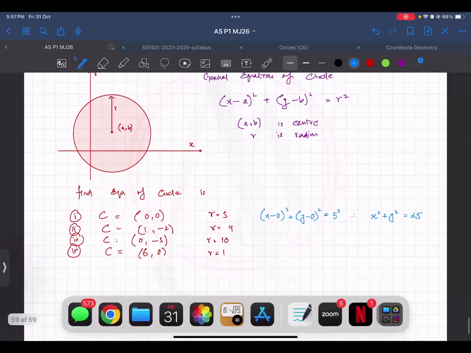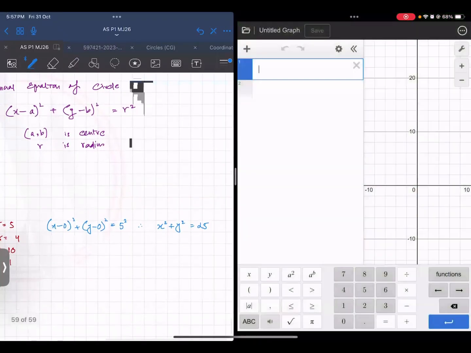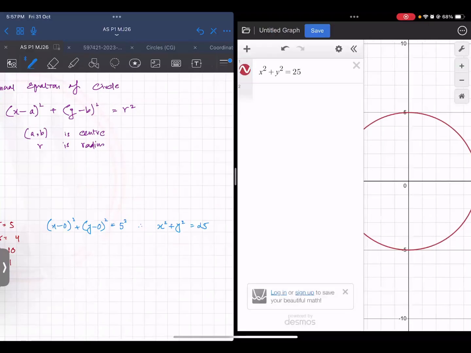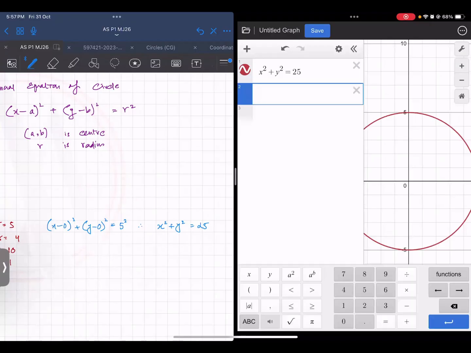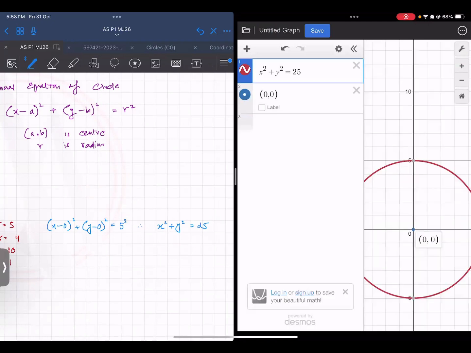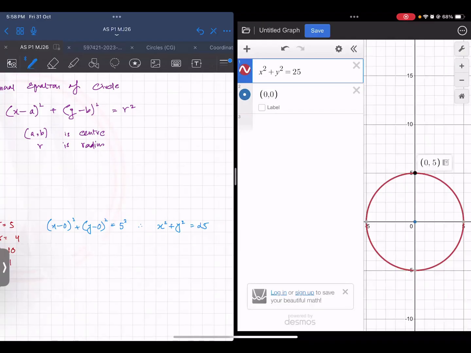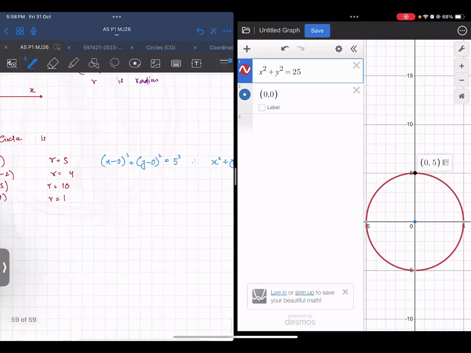If I show you on Desmos as well, you will see a circle x square plus y square is equal to 25. Look, the center was 0 comma 0, and this is the maximum point on the circle, 0 comma 5. You can see the distance between the center and the maximum point is 5 units. The radius is 5 and the center is 0 comma 0.